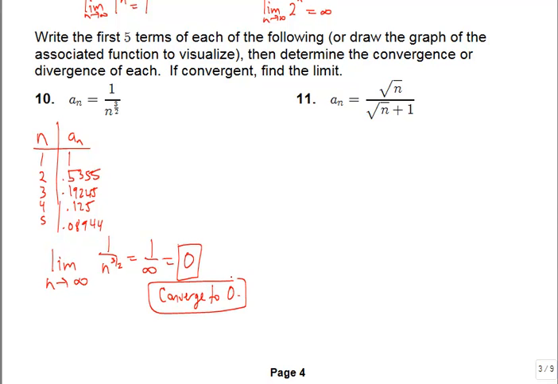Okay? So on the next example, we would do exactly the same thing. You can either use your table command or your list feature on your calculator. It's up to you. You can graph it if you like, and then we're going to find those first 5 values.